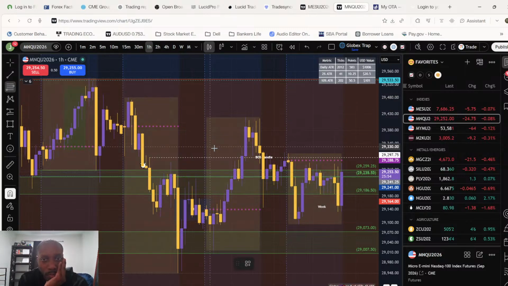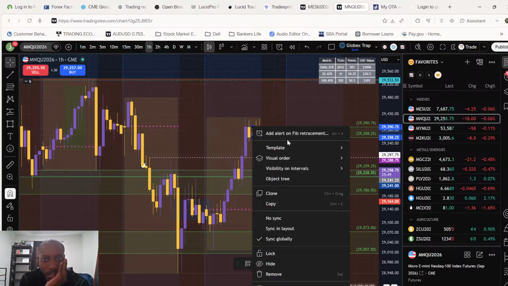MNQ, got this supply zone here on the 1 hour.